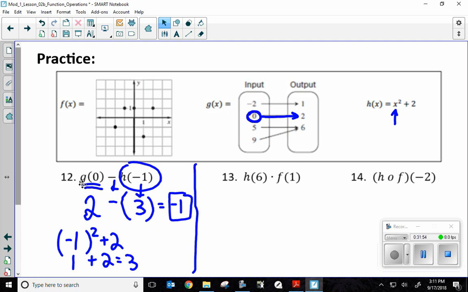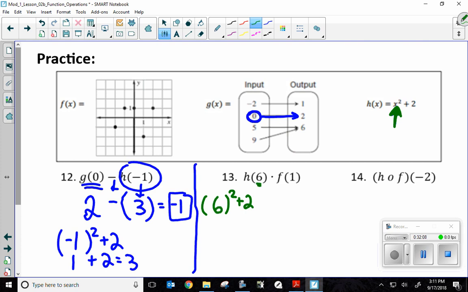All right. 13. Here we go. h of 6. Got to use my h again. That's x squared plus 2. When throwing a 6 in, that's 36 plus 2. That's 38.